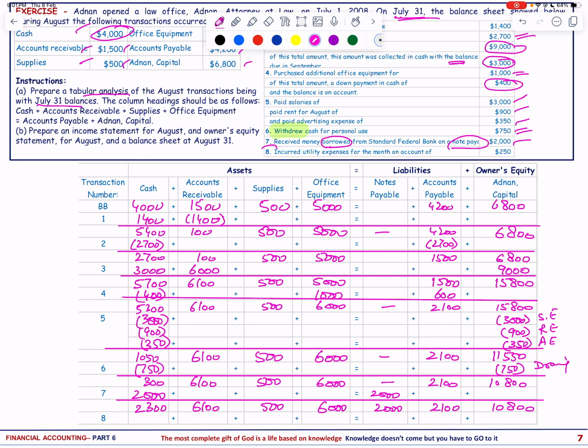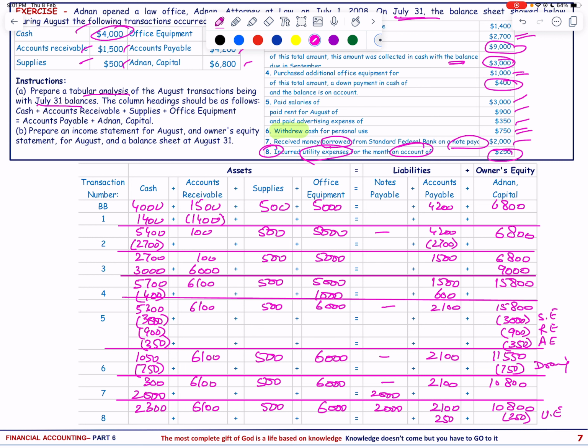We go to number 8. Incurred utility expense of 250. This is on account. So our accounts payable is going to increase by 250, and the equity will decrease by 250.